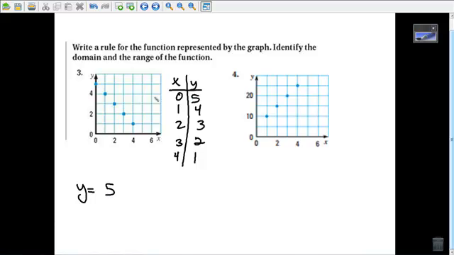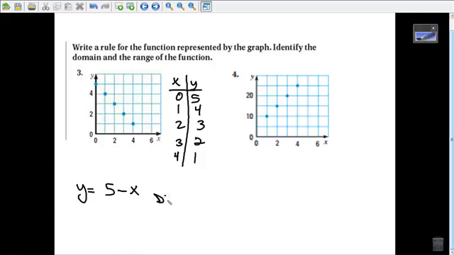And if I take the 5 and I subtract the x, I get the next y. 5 minus 1 is 4. 5 minus 2 is 3. 5 minus 3 is 2, etc. So I'm taking the 5 and I'm subtracting off this x value, and that gives me the new y value.